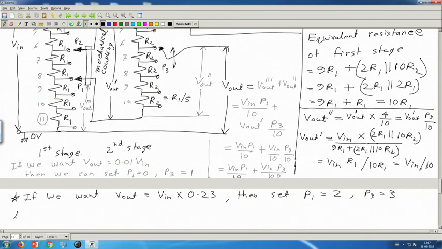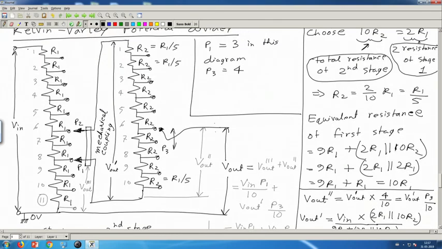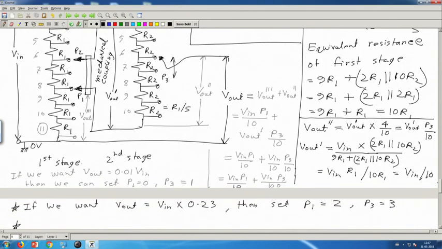And similarly, in this particular diagram, how much is V out? P1 is 1, 2, 3, P3 is 1, 2, 3, 4. So this is 3, this is 4.